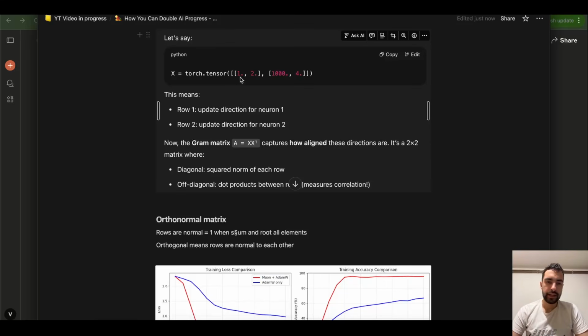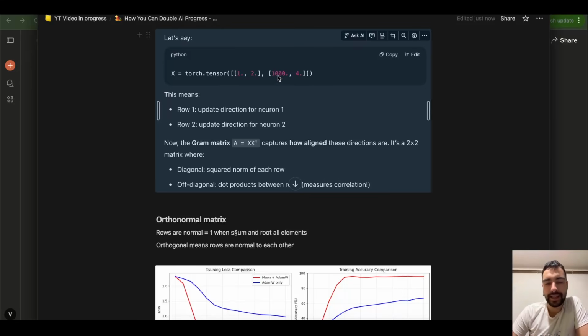So the update matrix can be like this, like 1, 2, and 1004. This doesn't mean that backpropagation thinks that this exact 1000 here will give the best update. It can just be a blown-up number because of the multiplications and exploding gradients, not because backpropagation wants this 1000 here.